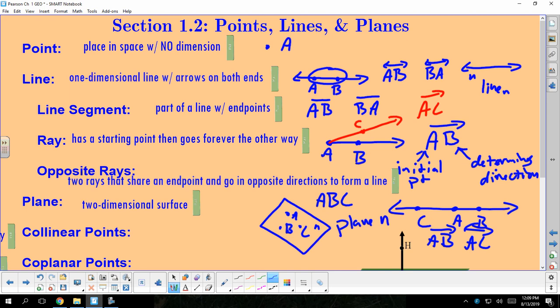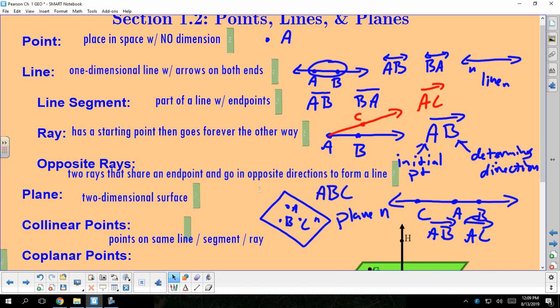Points that are on the same line are collinear. So two or more points that are on the same line, segment, or ray, that's what collinear is.